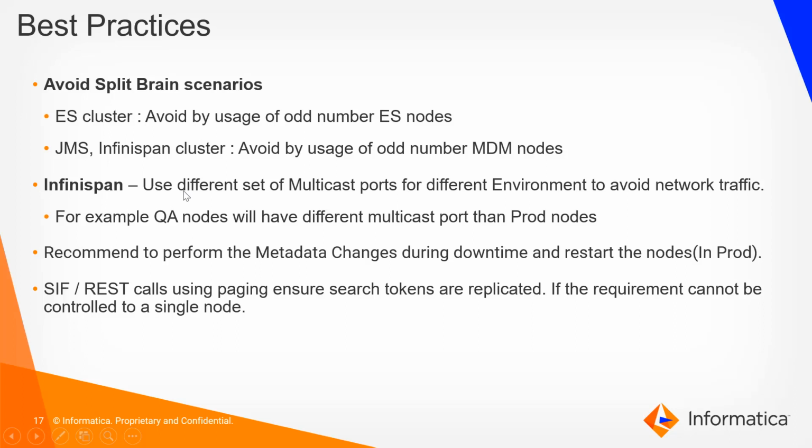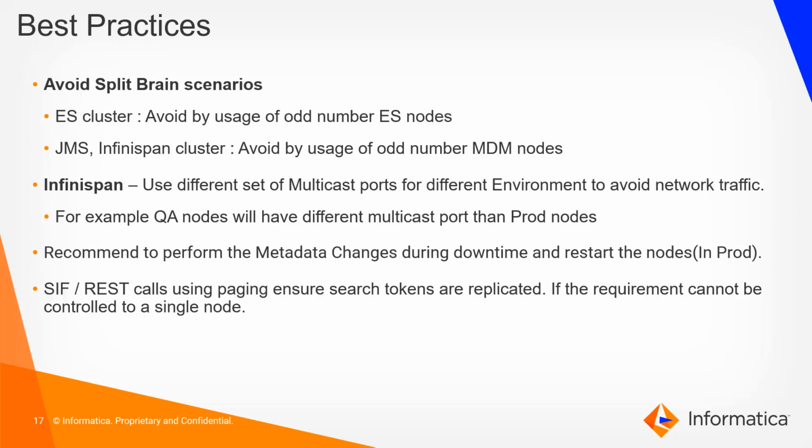Now, for Infinispan, we recommend that you use a different set of multicast ports in the JGroups UDP XML. For the QA set of nodes, use one multicast port. For the prod, you use a different multicast port than the QA, because since it's multicast, the QA traffic will go to the prod, and the production traffic will go to the QA nodes.